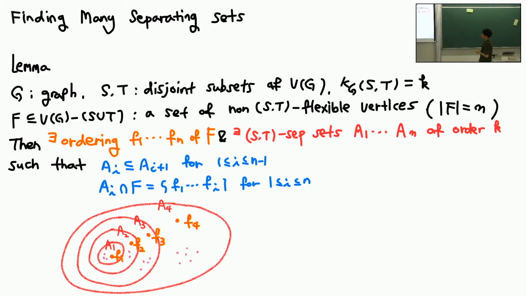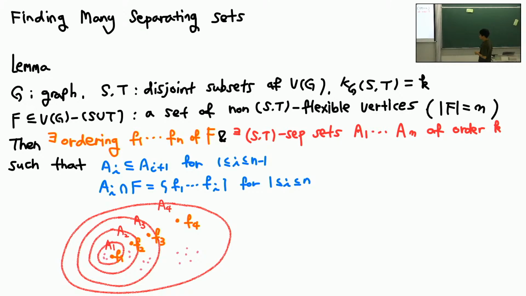Let G be a graph, and S, T be disjoint subsets of the vertex set of G such that the connectivity is K, and let F be a set of non-ST flexible vertices whose size is N. Then we can find an ordering F1 to Fn of the elements of F and corresponding ST separating sets A1, A2, ..., An of order K such that for each i, Ai is contained in Ai+1, and the intersection of Ai and F is the set containing F1 to Fi.